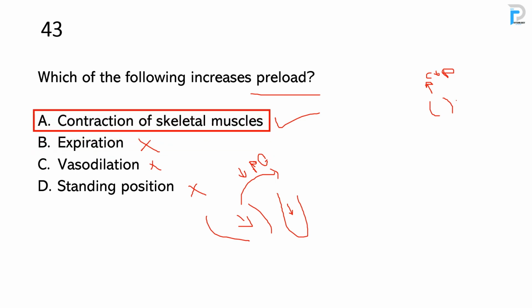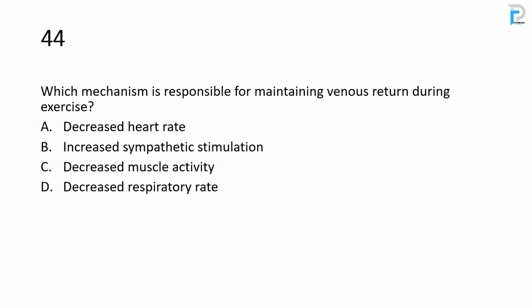Which mechanism is responsible for maintaining venous return during exercise? While we are exercising, of course, the heart rate is going to be high, so this is wrong. Sympathetic stimulation is high. This is right, because sympathetic stimulation causes vasoconstriction. Vasoconstriction means venous and arterial constriction both.